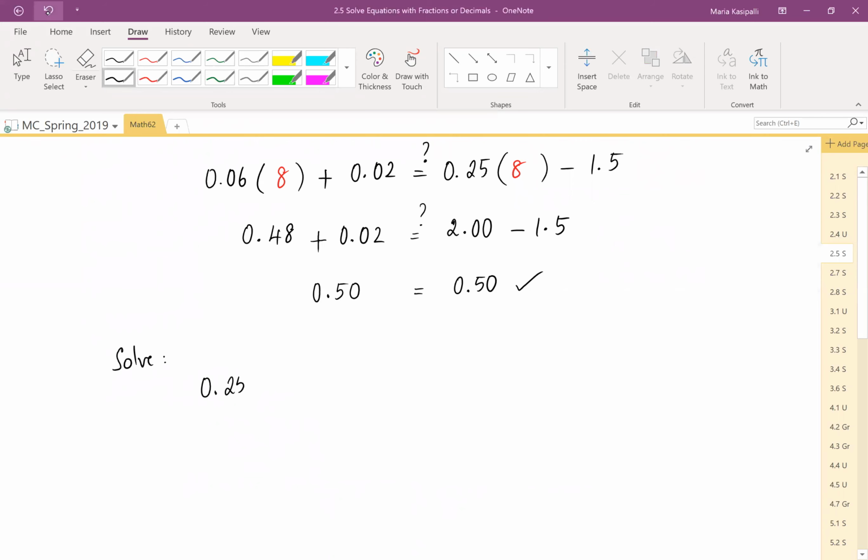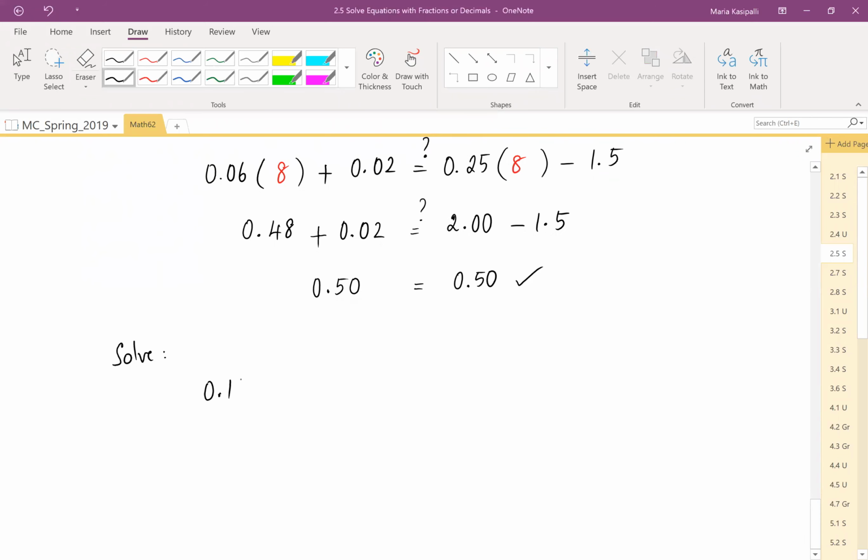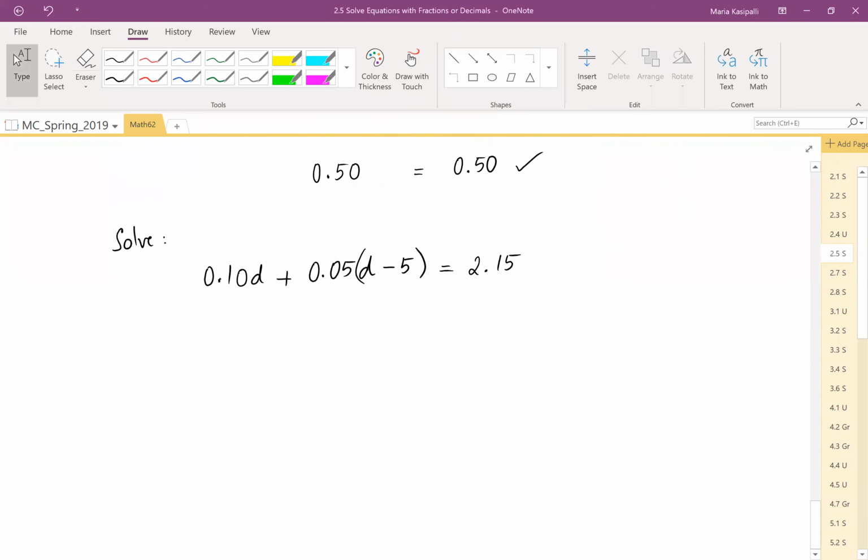Let's not do the point. 0.10D plus 0.05 times D minus 5 in parentheses equals 2.15. Let's write it out: 0.10D plus 0.05 times D minus 5 equals 2.15.